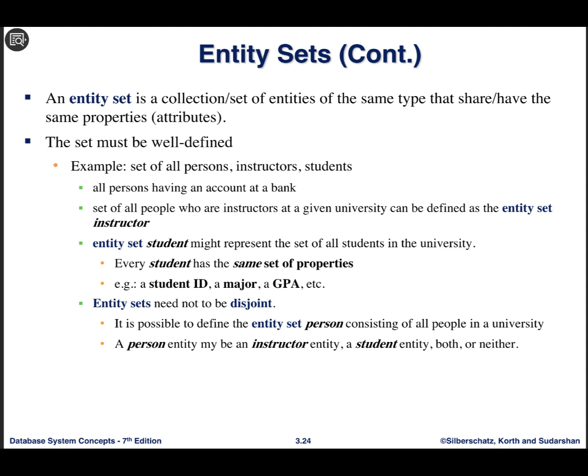For example, if an entity is a person, an instance is a specific, particular person. A student, a particular student. So what we define here is something called an entity set. What is an entity set? A collection of entities of the same type is called an entity set. For example, how many students do we have right now?